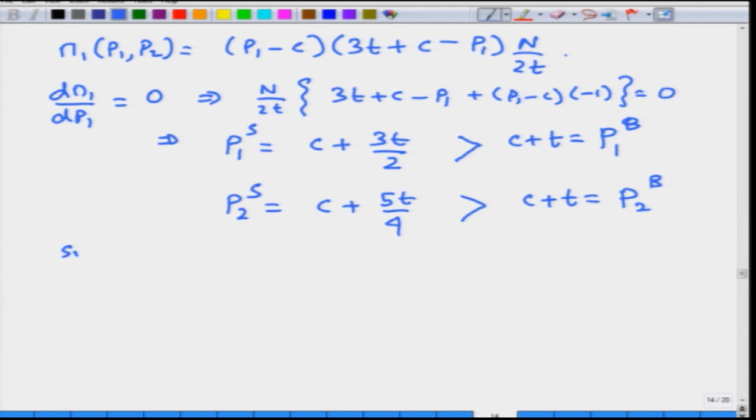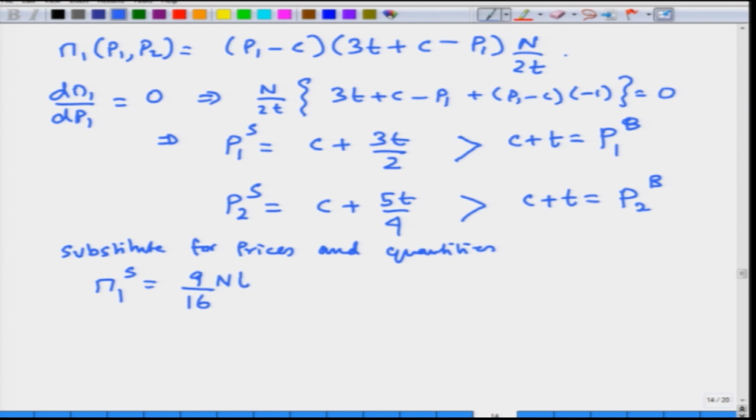If we substitute for prices and quantities, we will find that the profit of firm 1 turns out to be 9 upon 16 n times T. This is just simple algebra, and the profit of firm 2 is going to be 25 over 32 n times T. These profits are larger than the profits they would get under the Bertrand model when the two firms moved simultaneously. In particular, note that firm 2's profit is greater than firm 1's profit.